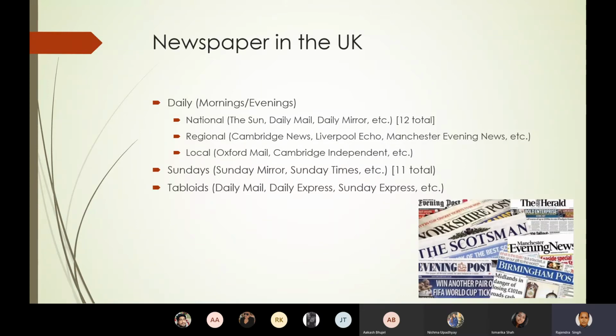These newspapers can be national newspapers. If you happen to be anywhere in the UK, in Wales, Scotland, Northern Ireland, or Britain, you will be able to find these newspapers at the newsstand. There are altogether 12 national daily newspapers that come out every day in the United Kingdom.